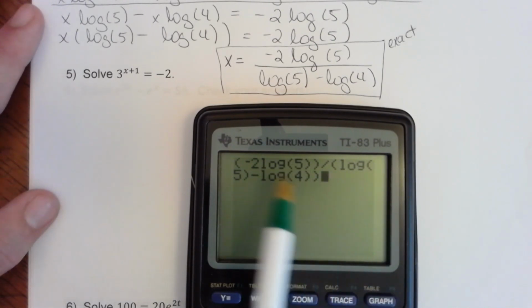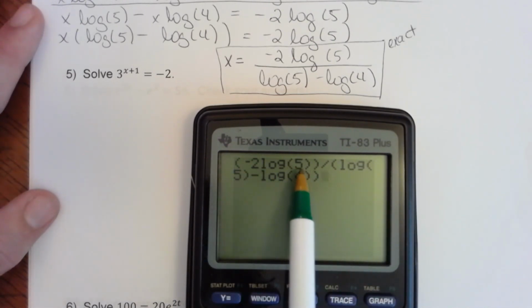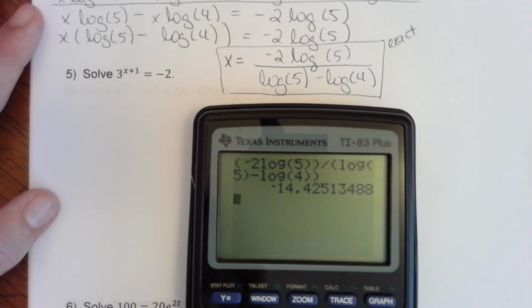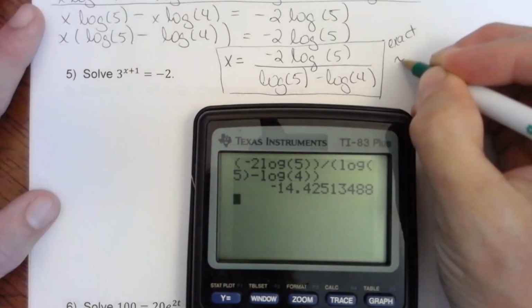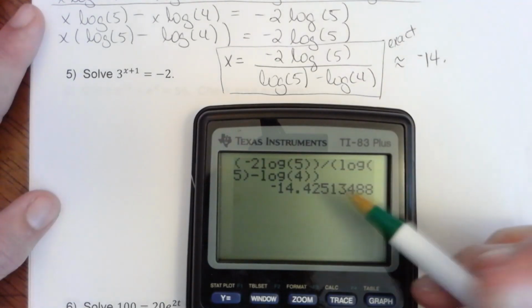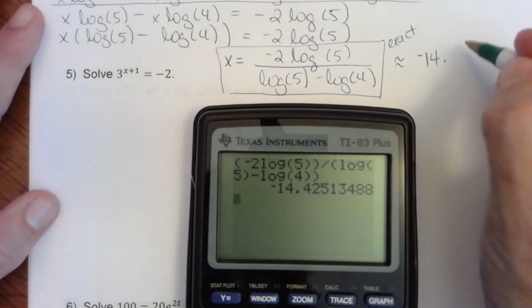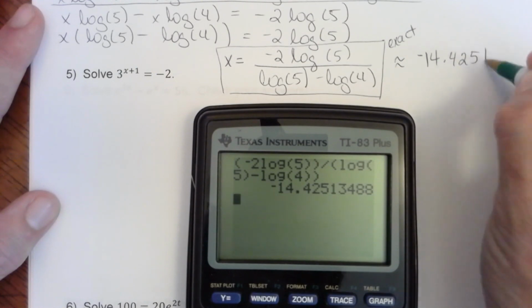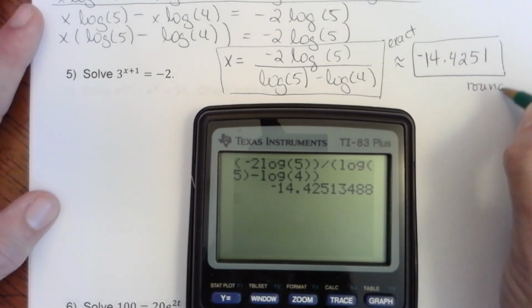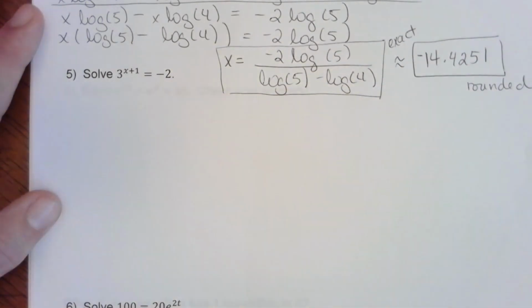I put the whole numerator, negative 2 log of 5, in parentheses, and the whole denominator, log of 5 minus log of 4. And I get a negative 14 point, let's do 4 decimal places, 4251. So this one is rounded or estimated if they ask you to round your answer.